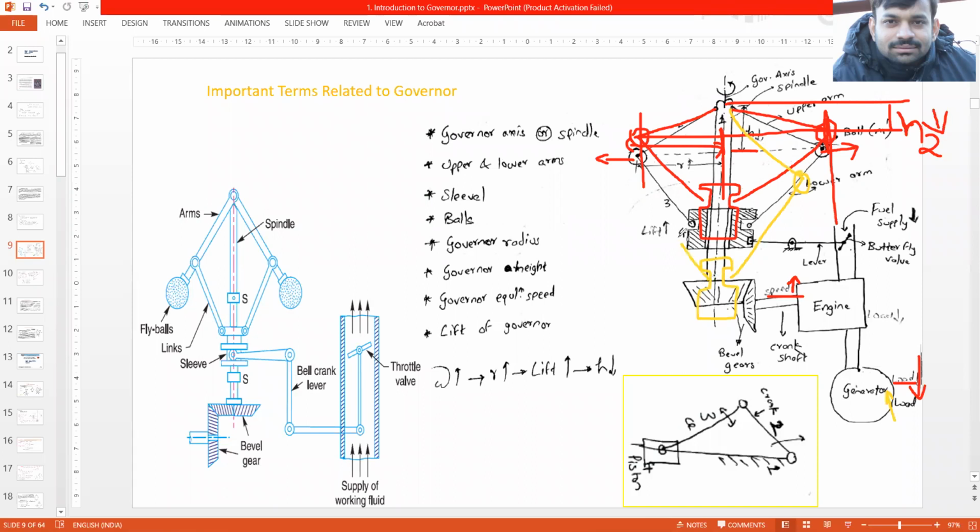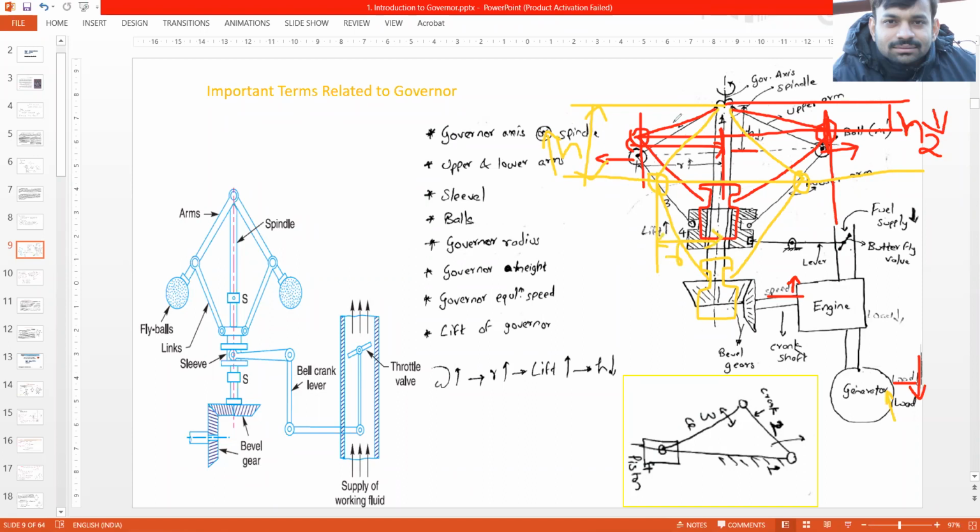Okay, so it will now look something like this. Here you will see this is the plane of rotation of the balls. The value of height has increased, but the radius of the governor decreased.